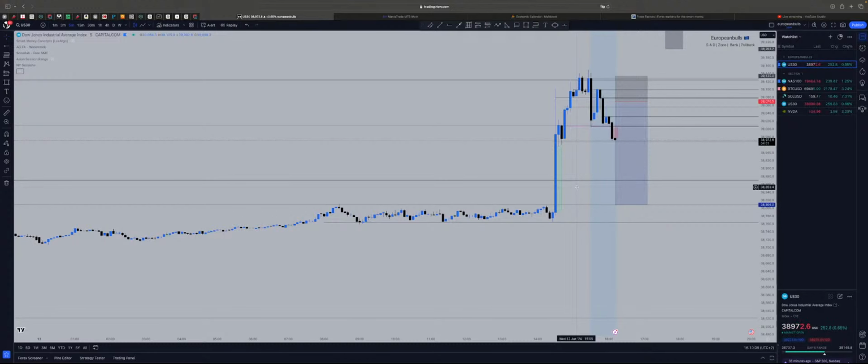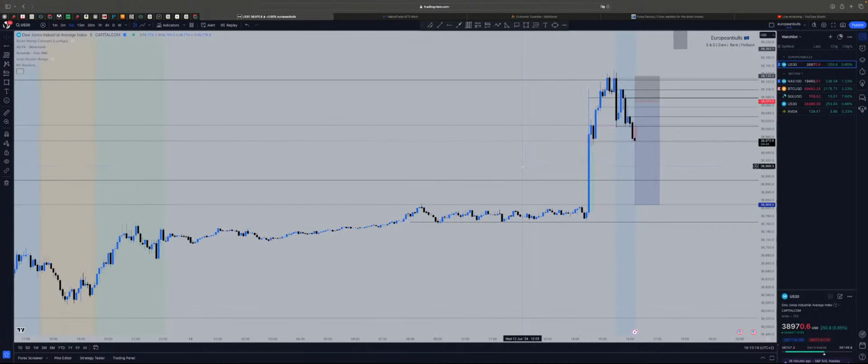I've moved my stops to the entry point so that there's no risk of any stop loss. I'm gonna put my take profit as well in here at 50.